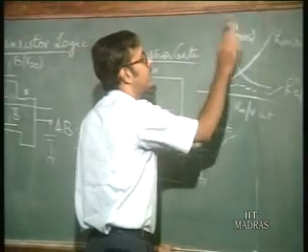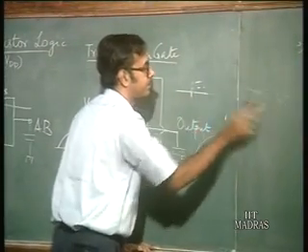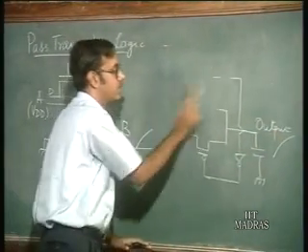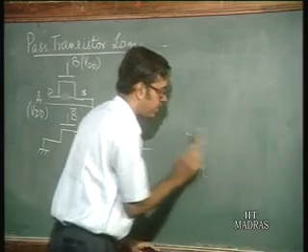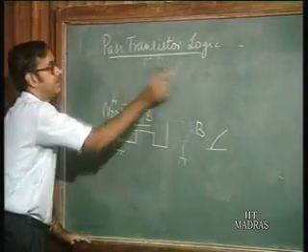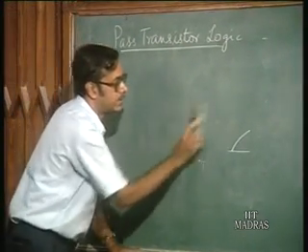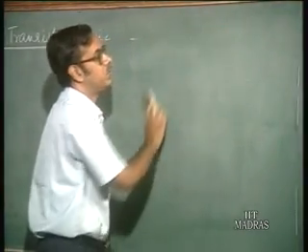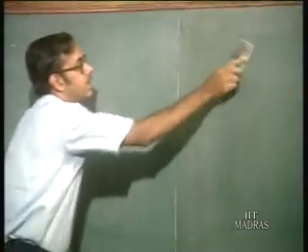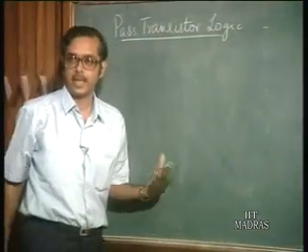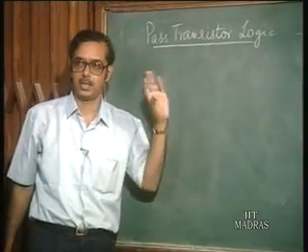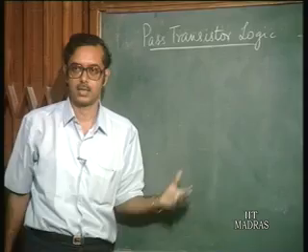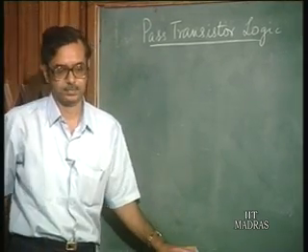Basically we shall take up some pass transistor circuits to show how you can realize complicated logic circuits using very few transistors. I shall draw the circuits using just an NMOS pass transistor, but all these circuits can be realized using transmission gates by just replacing the pass transistor with transmission gates.